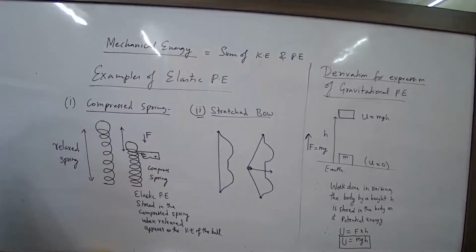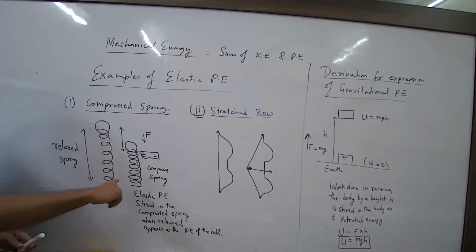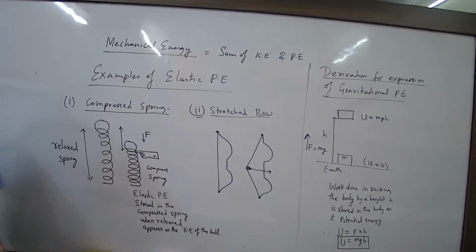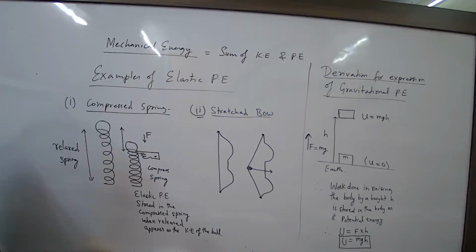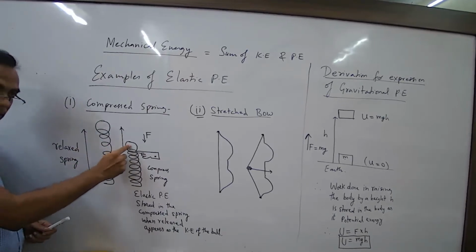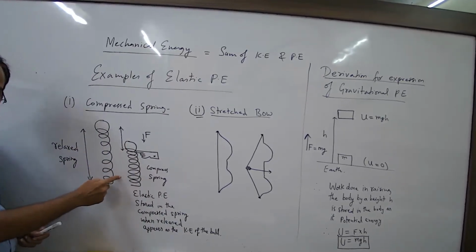Got it? So this ball will fly. The moment you release the spring, the ball will fly. Understood? So where will the ball get energy from? Potential energy of the spring.